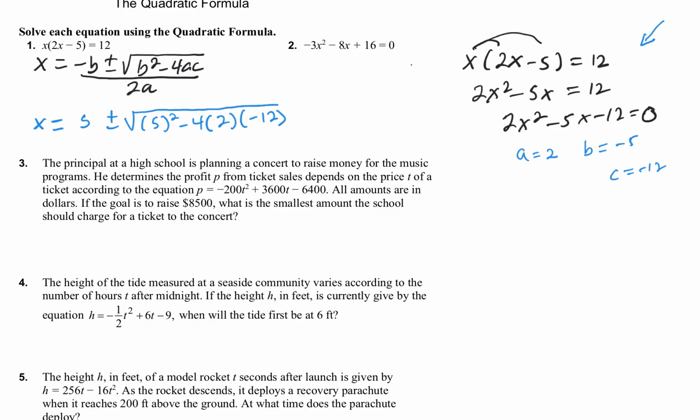Of course, this is called the discriminant, divided by 2 times a, which is 2 times 2.